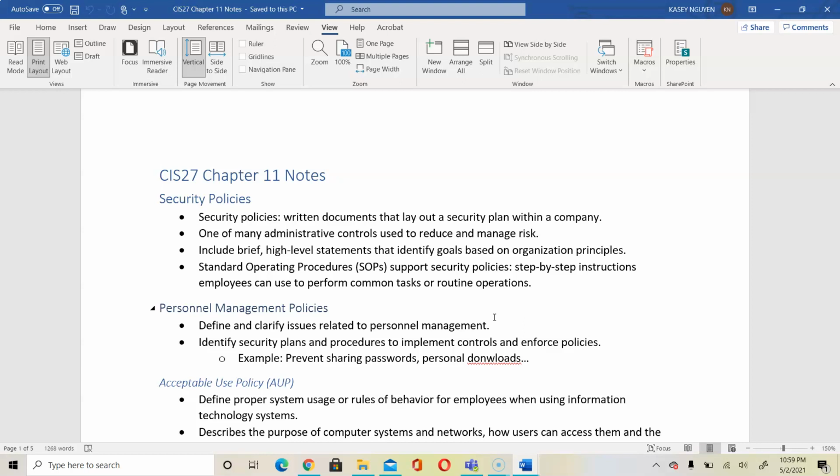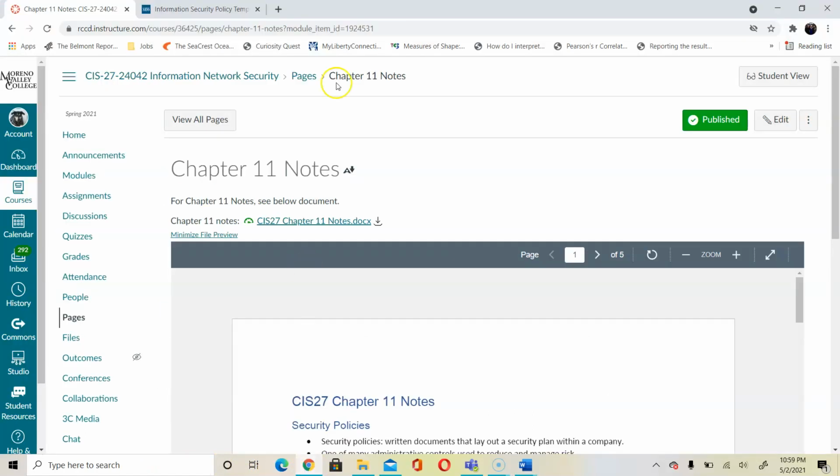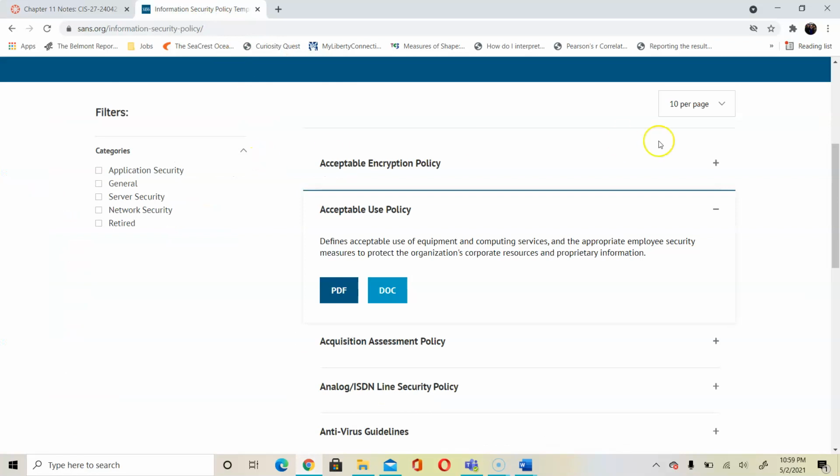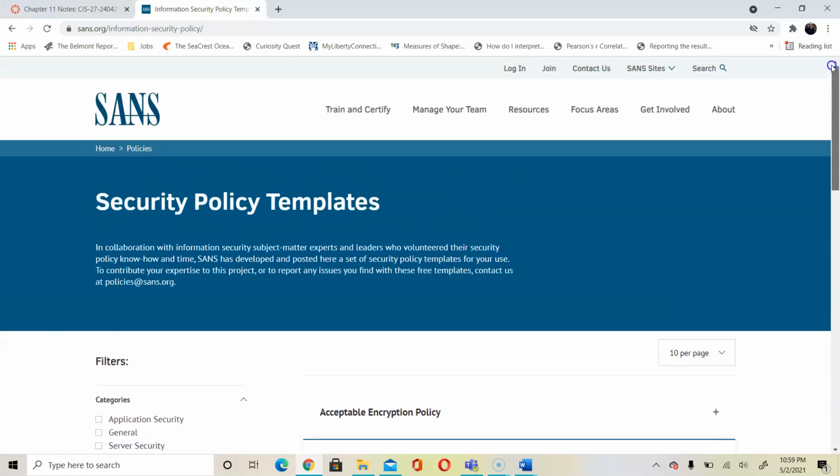A security policy is just a written document that lays out the security plan for the company, and there are specific security policies. For example, if you want to write a policy for encryption or another form of policy, you can locate templates.